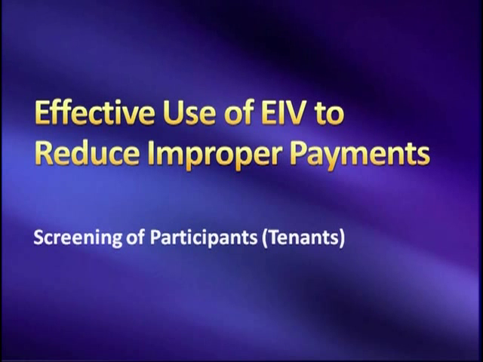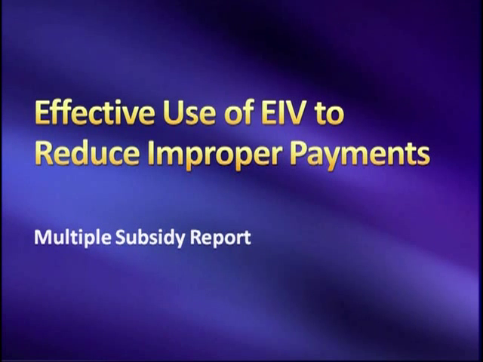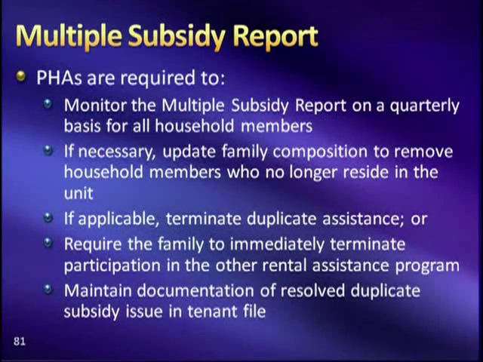But now I want to talk about screening of your existing tenants, how to use EIV to reduce improper payments, particularly duplicate assistance. And this is similar to what we just discussed. You're required to monitor the multiple subsidy report on a quarterly basis for all household members, just to make sure that your current tenants are not double dipping in the public housing, housing choice voucher, and multifamily housing programs.